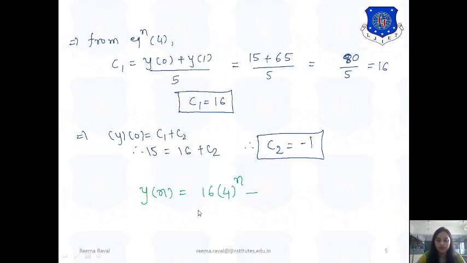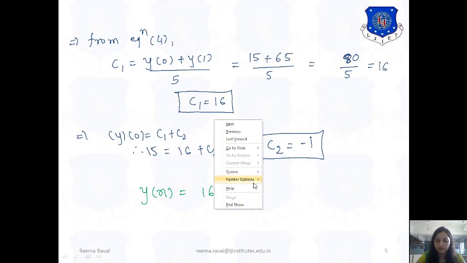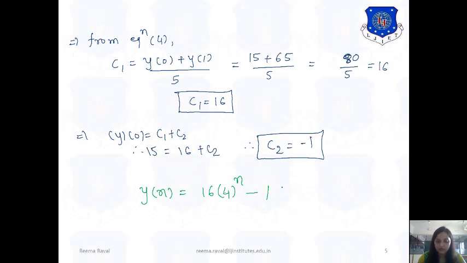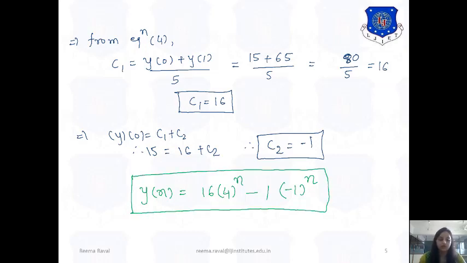So C1, that is 16 into 4 raised to n, plus C2 is minus 1, so here it is minus 1 into minus 1 raised to n. So this is the final answer of the homogeneous solution, right?